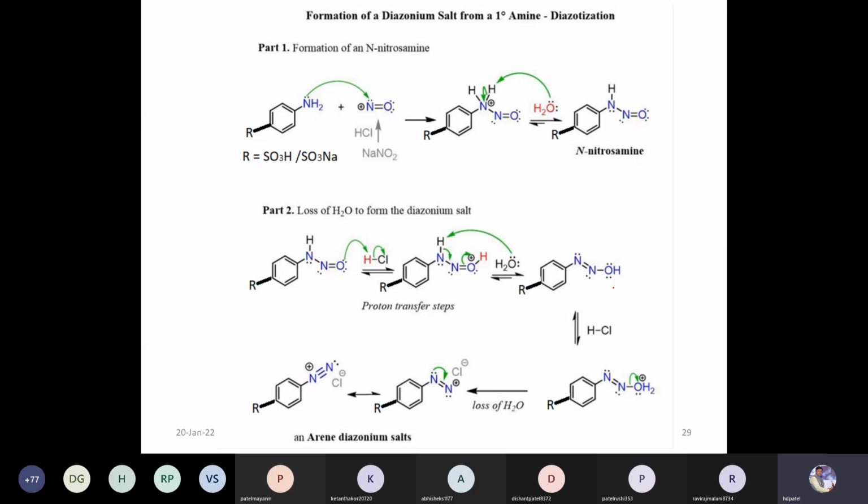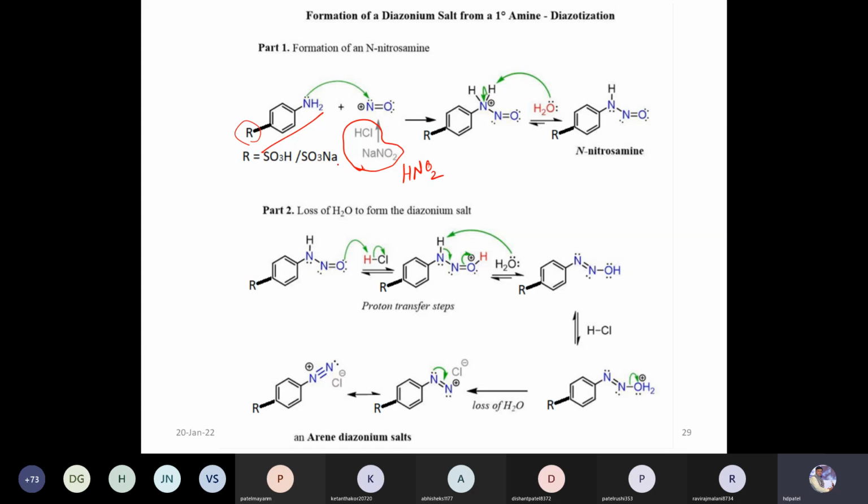When R equals SO3H, it is known as sulfanilic acid. During the reaction, nitrous acid is required, but it is not available in the lab. That's why we mix NaNO2 plus HCl. When we mix this, first of all we will get HNO2.